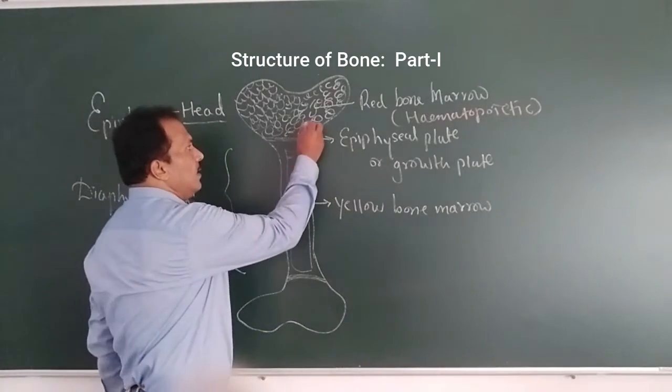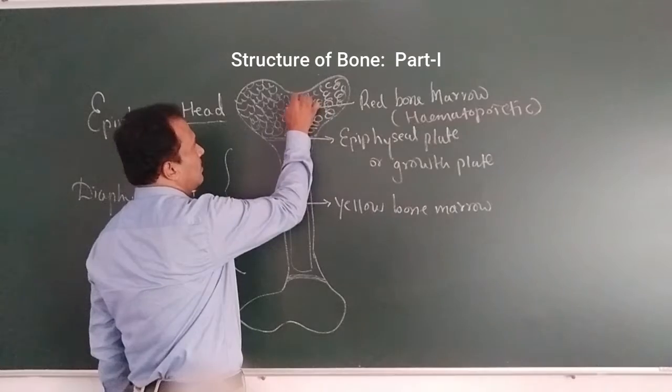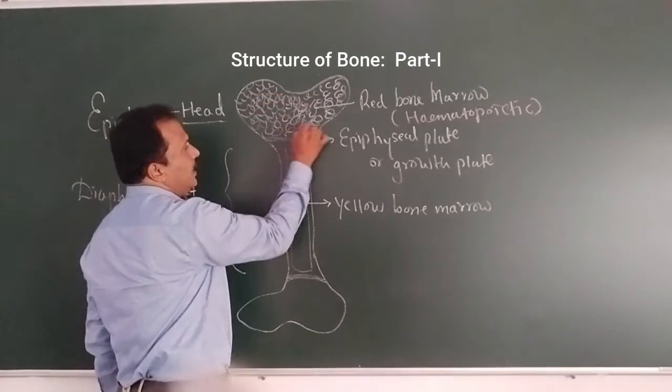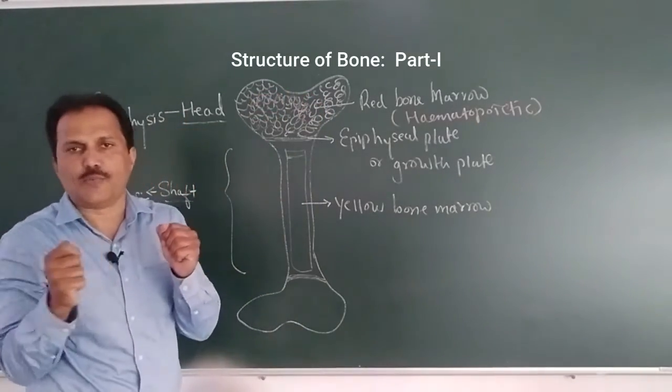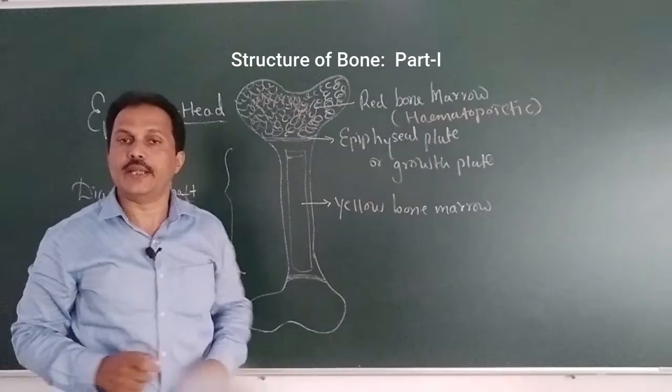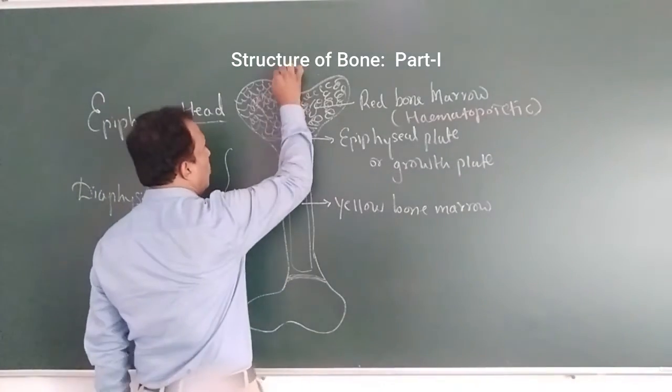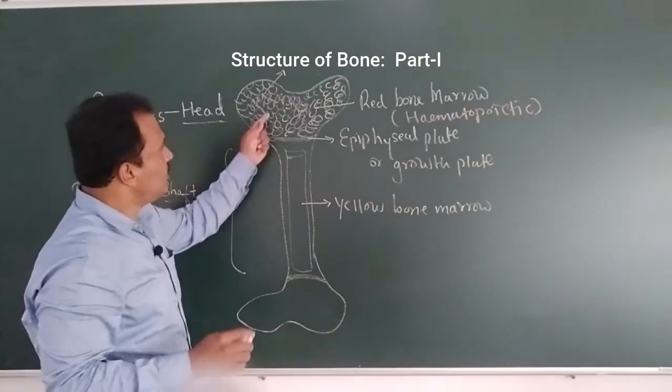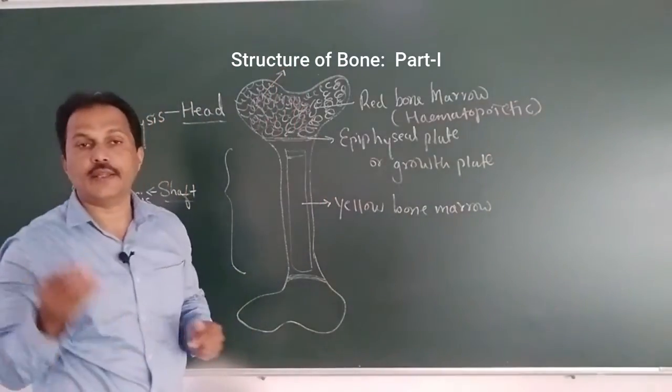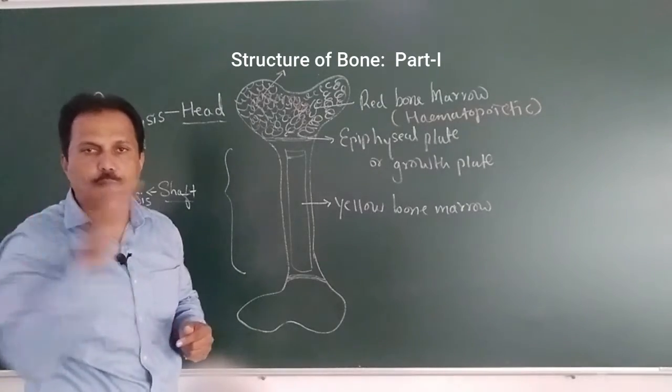And here the type of this particular bone is not a very compact bone. What is the type of bone here? It is a type of bone where you will find such cavities inside. It is not a completely hard part.